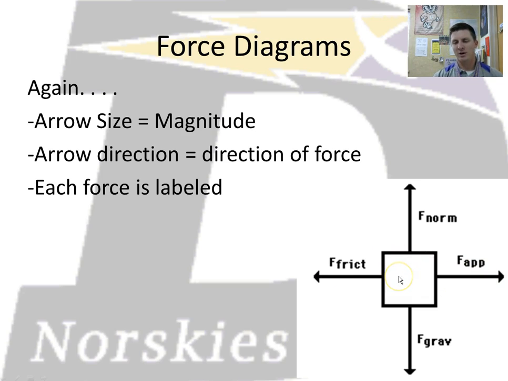Generally, when we draw a force diagram, we draw a dot in replacement of this square here. Force normal, force gravitational, force applied, and force of friction are all different forces that we're going to be discussing in more detail as we begin to draw these. But understand, you will have to know what these abbreviations mean and what force we are discussing in class.